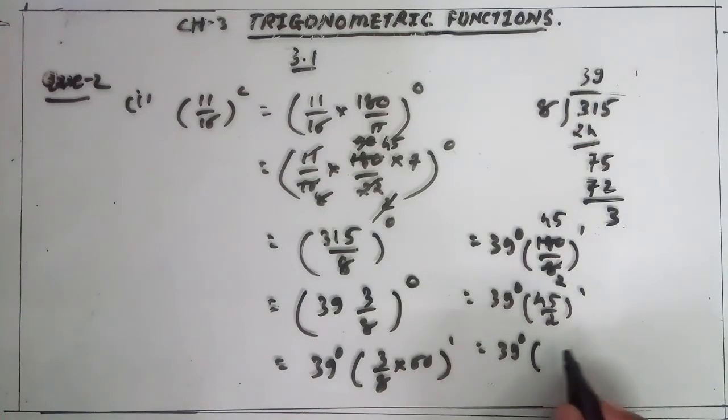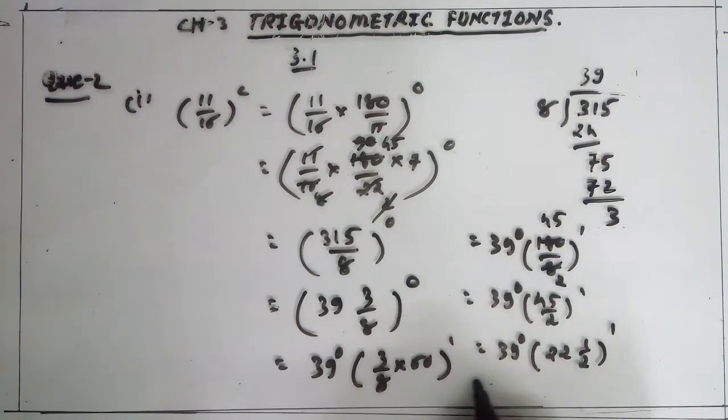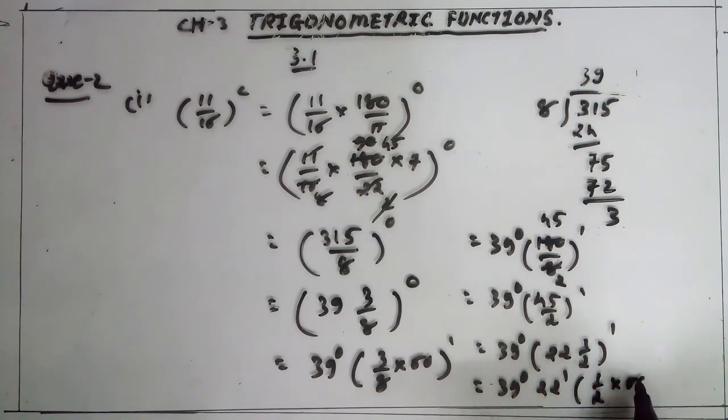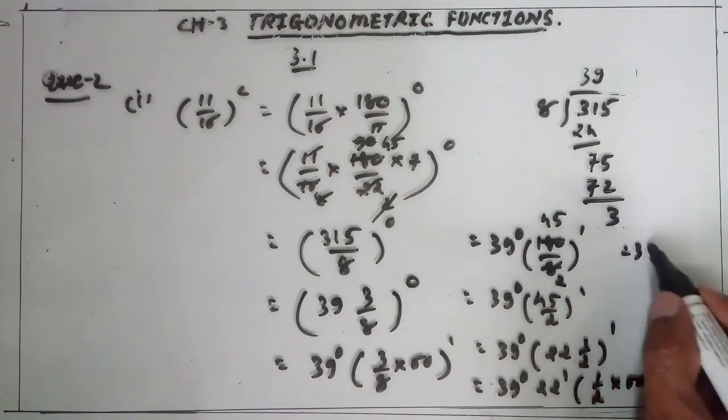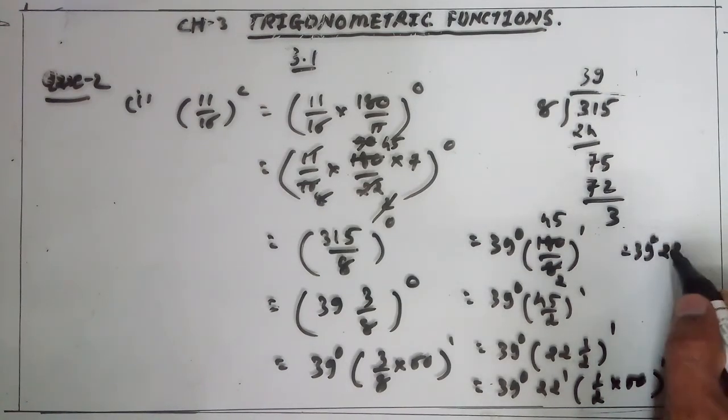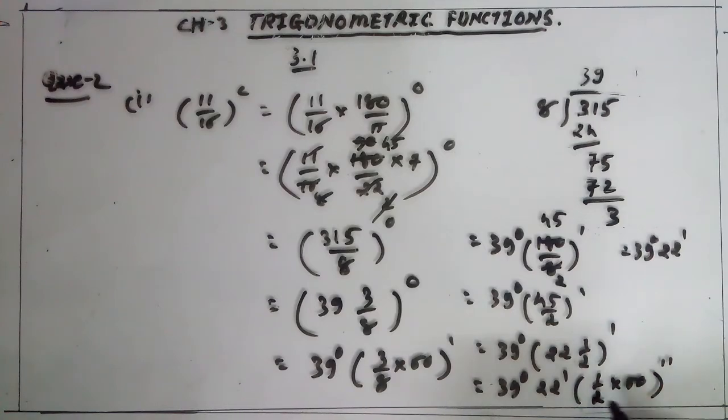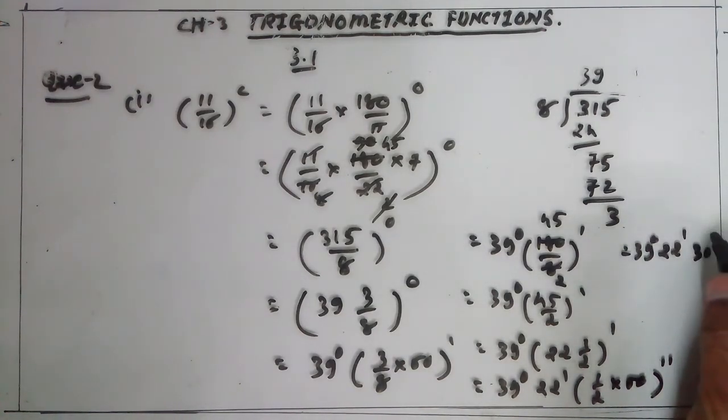Here 45 upon 2 is equal to 22 and half minutes. So it is equal to 39 degree, 22 minutes, and 1 by 2 minute change into second form. So 1 by 2 into 60 multiplying to change into second form. So it becomes 39 degree, 22 minutes, 60 upon 2, that is 30 seconds. Clear this?